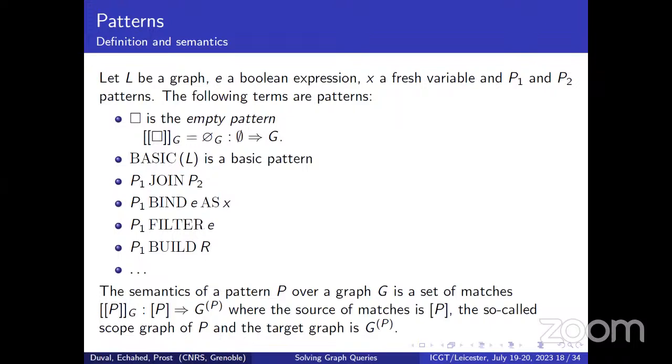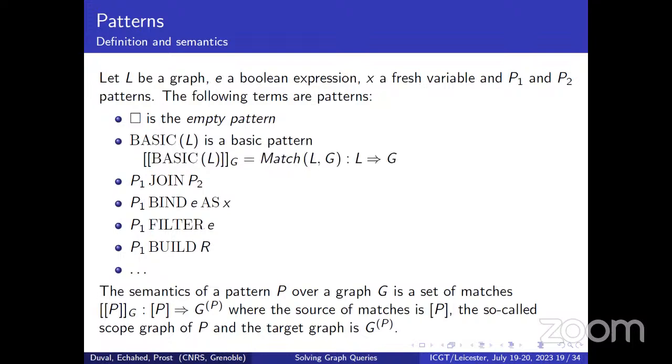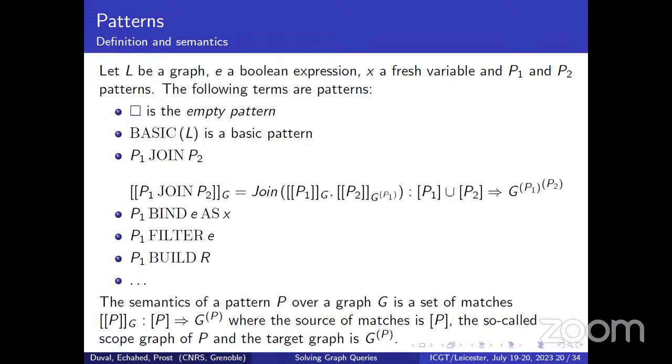So the semantics of the empty pattern is the empty set of homomorphisms going from the empty graph to G. So this is the empty set, and the semantics of a graph, or basic of a graph L, with respect to a graph G, is all the matches going from L to G. Okay, so we can go like this.